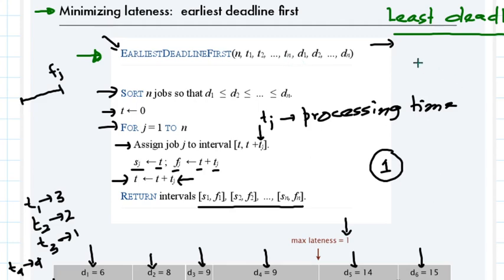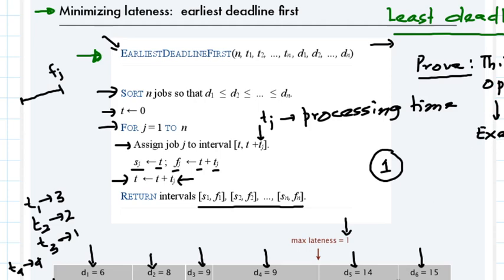Now we have to prove that if I am going by this earliest deadline first, then this is optimal. This proof is there, as I have already proved it, so I am not proving this. I am giving it as an exercise to you.